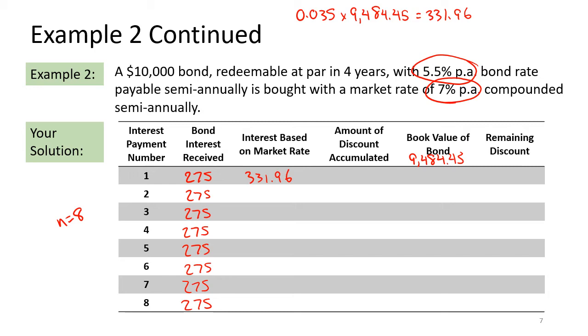To find the amount of discount accumulated, you take your interest, $331.96, minus the $275, and you arrive at $56.96. That accounts for the fact that your bond is worth right now less than $10,000, so you need to add that to the book value each time.